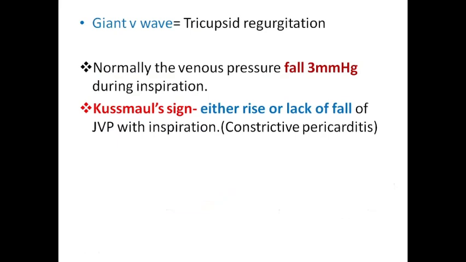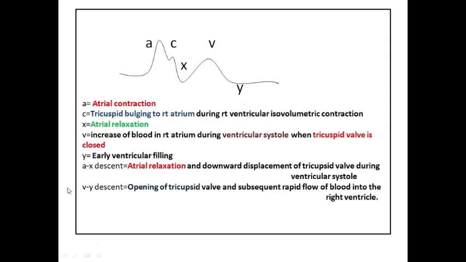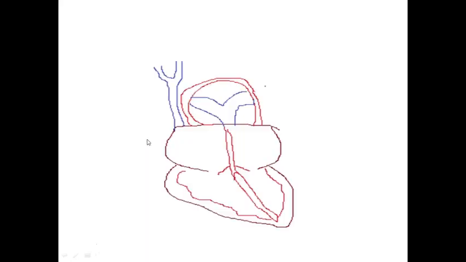As you know, the giant A wave is seen in what? Tricuspid stenosis, pulmonary hypertension, all these things. The giant V wave is due to tricuspid regurgitation. Why? The V wave is right atrial filling. When there is blood flow and the pressure increases in the right atrium during the filling phase, the V wave is produced.